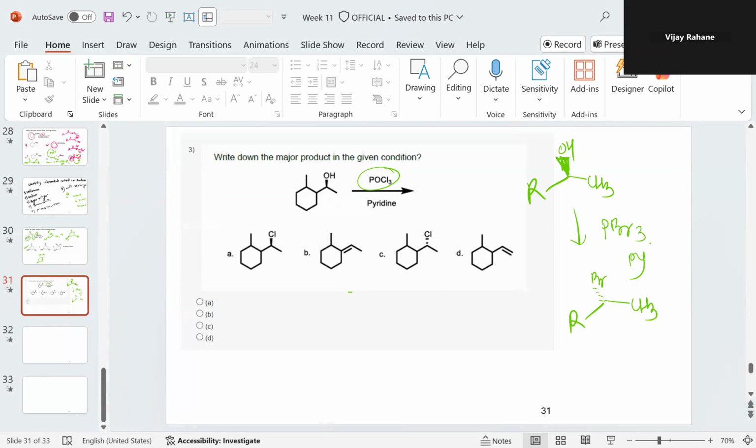This is one. But in this question, we have POCl3, that's P double bond O, Cl, Cl, and the starting material is the alcohol with pyridine.